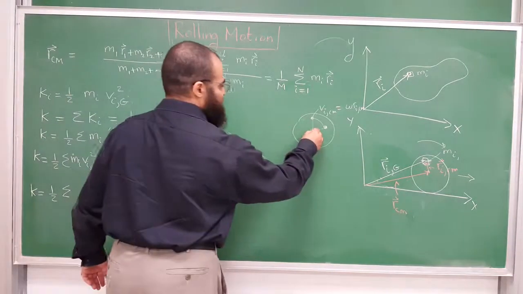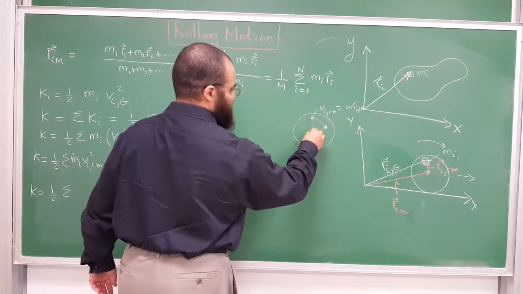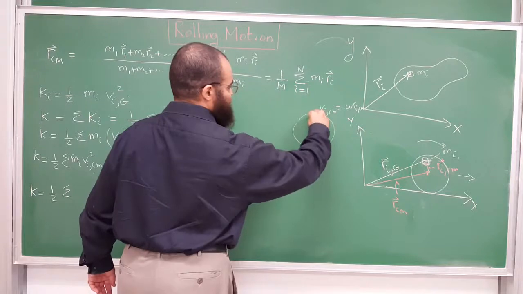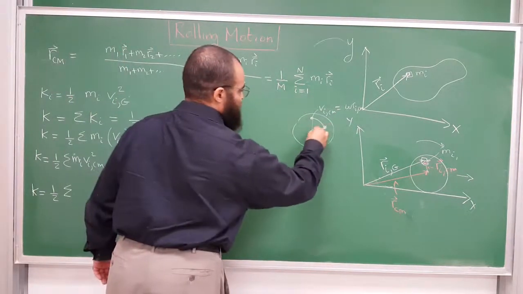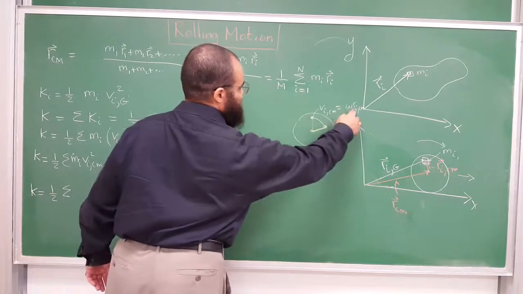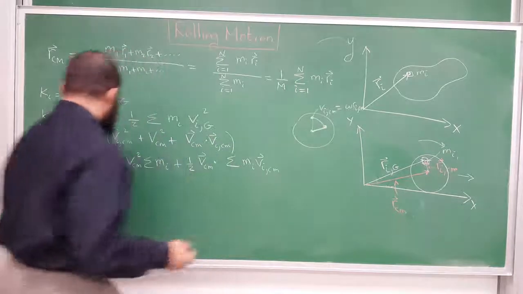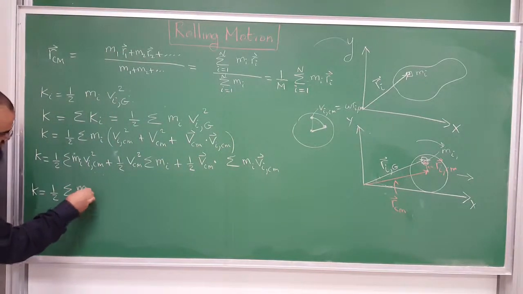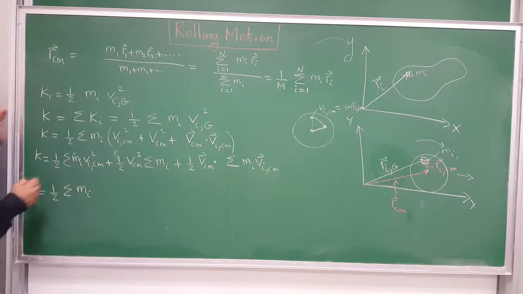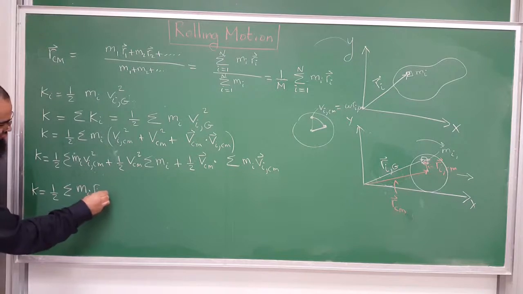But imagine you're here at the center of mass. A moment ago it was here, but then as it rotated, you're still here, but this point is here relative to you. So it only moved in an arc. And the length of this arc is Ri relative to the center of mass, and how quickly it's spinning is omega. And so we get mi, and then this I have to square, so it becomes Ri relative to the center of mass squared, and then omega squared.